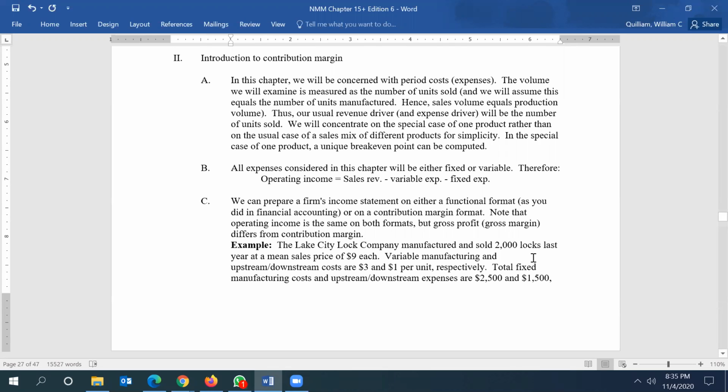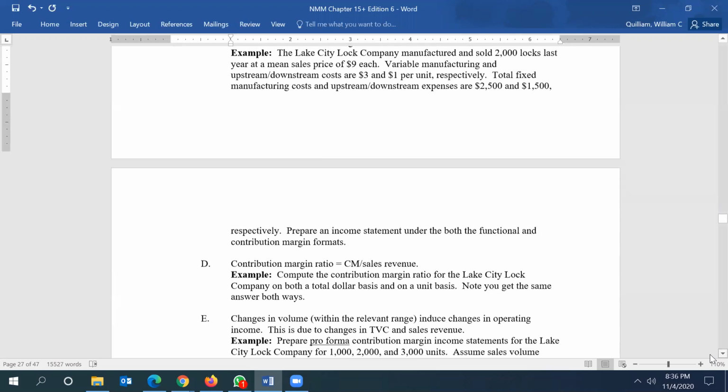We see that variable manufacturing and variable upstream and downstream costs, we could also call those variable operating costs, are $3 and $1 respectively. And total fixed manufacturing costs and fixed upstream and downstream expenses, or we could say operating expenses, same thing, or even selling and administrative expenses, they're $2,500 and $1,500 respectively.